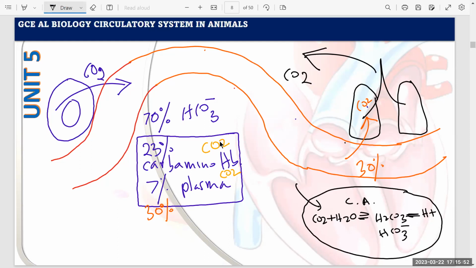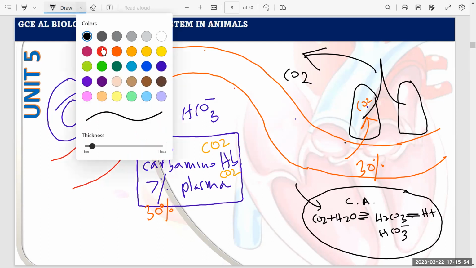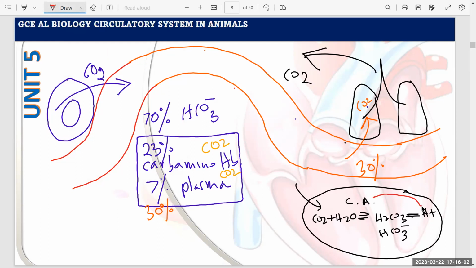And I told you additional points. If the hydrogen ion forms, hydrogen ion can lower the pH. If pH is lower, that is not good for the enzymes. Enzyme doesn't work, enzyme can denature. So as a result, hemoglobin binds with the hydrogen ions to neutralize them.